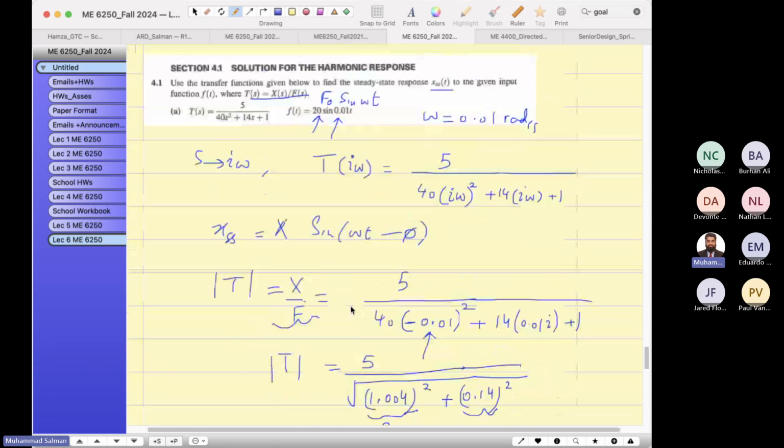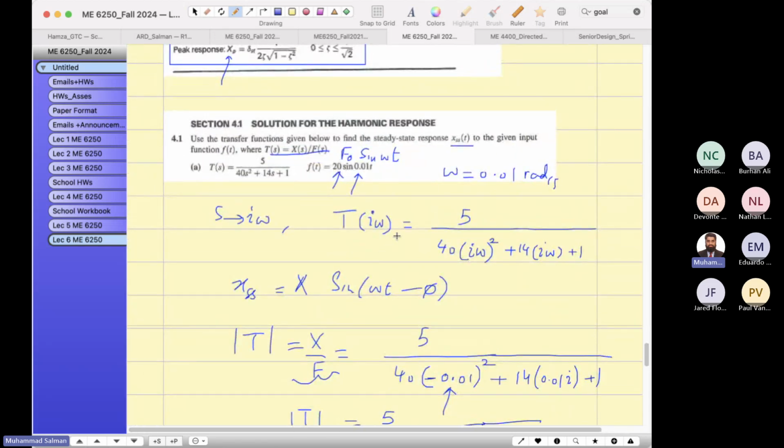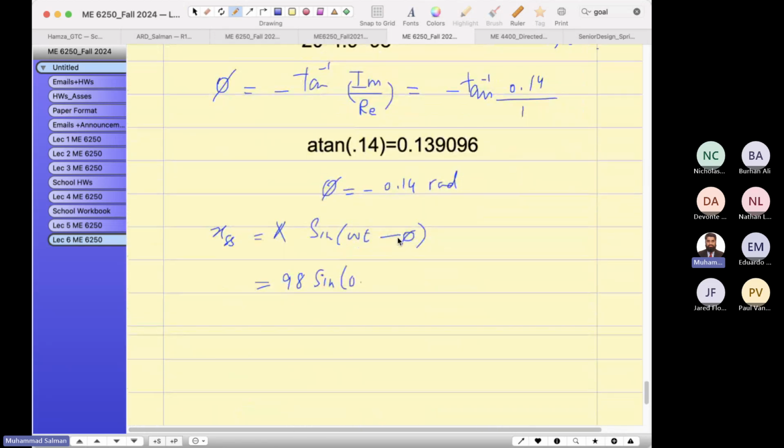Omega in our case was the harmonic signal of 0.01 frequency, 0.01 radians. This is our steady state displacement. Do you understand that?